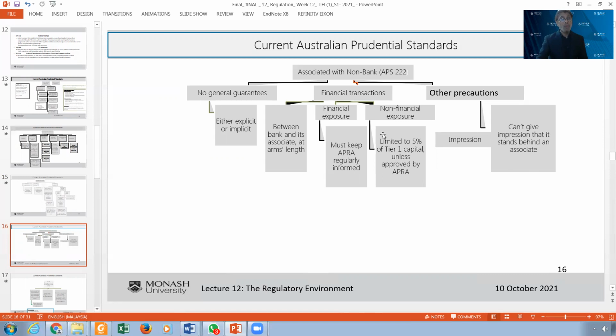The other thing is how much loans you should give to them. If you are going to give loans to your associates, you have to do it at arm's length. Arm's length means you have to deal with them independently, and the loans should be fully independent.